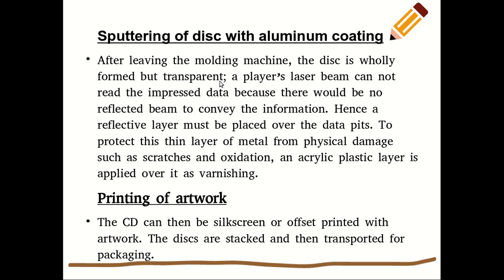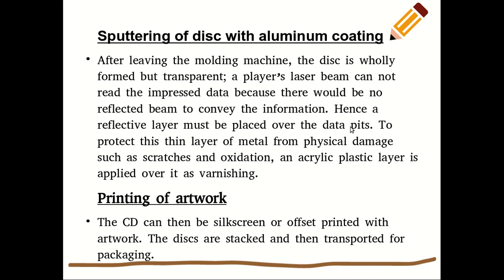Because if we leave the CD as it is, a plastic layer, the laser beam cannot read the impression data, because there will be no any reflected beam to convey the information, and thus we need a reflective layer that will reflect light back to some reader.